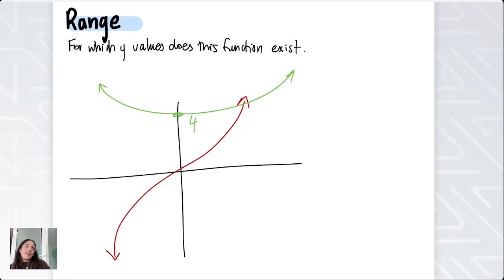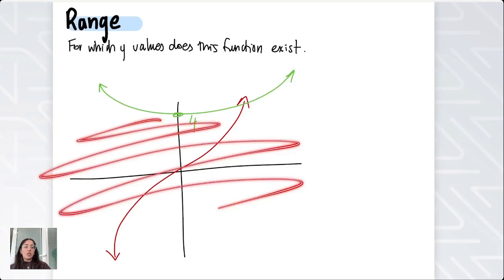So are there any y values that we will never have on this function? No? You sure? So for example, y equals -2. Will that ever be on my function? No. What about y equals 3? Is it ever going to be on the function? No, so there are a lot of y values that can't be on the function.